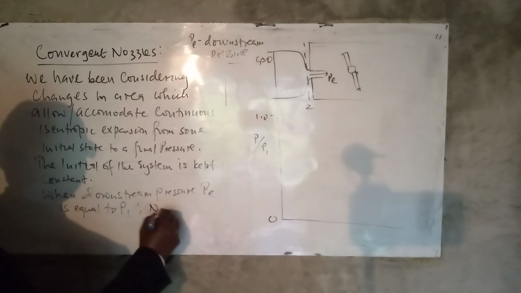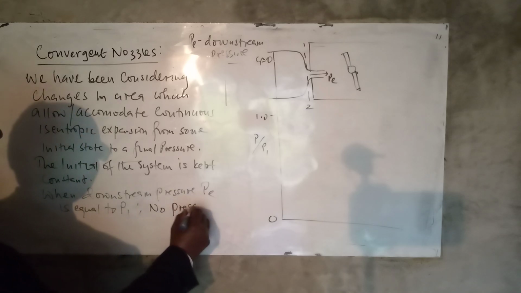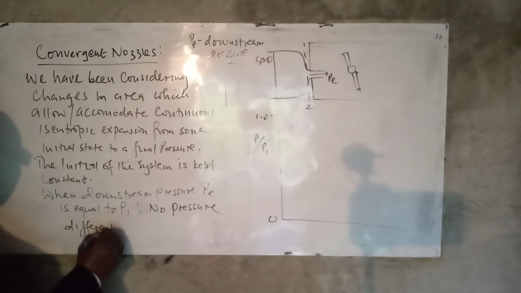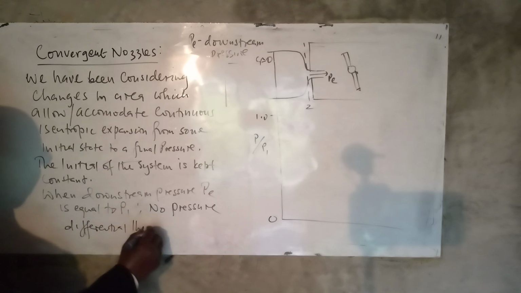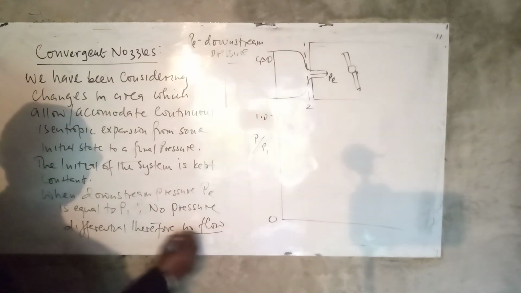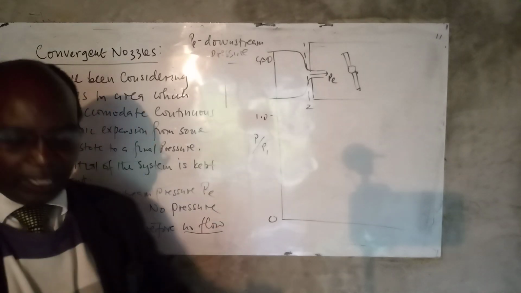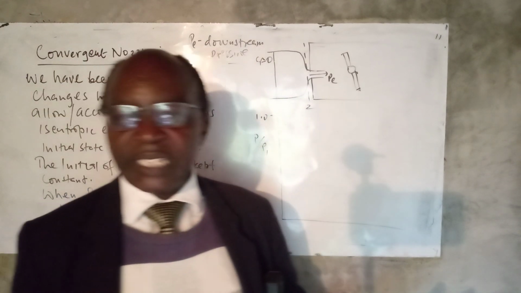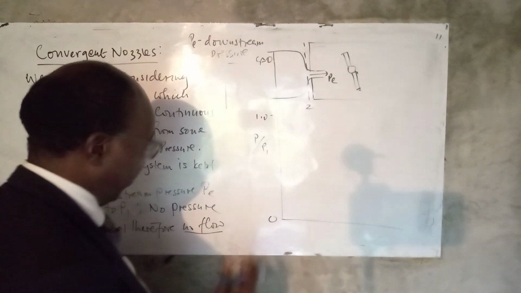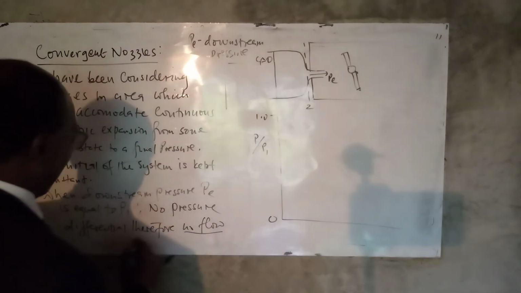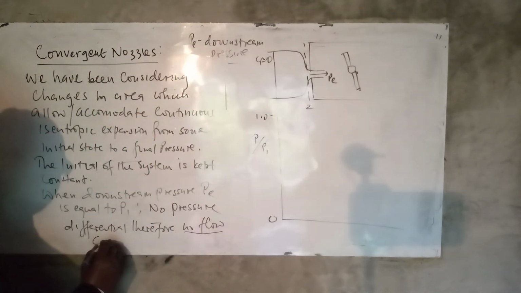Therefore, no pressure differential, therefore no flow. And that's very easy. We are saying that the downstream pressure and P1 are the same. There is no pressure differential, so basically there will be no flow. So if we represent that curve here, let's represent it by curve 1.